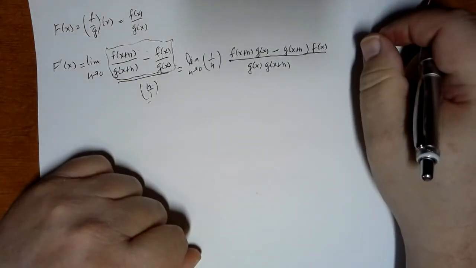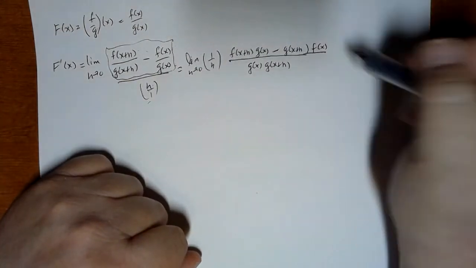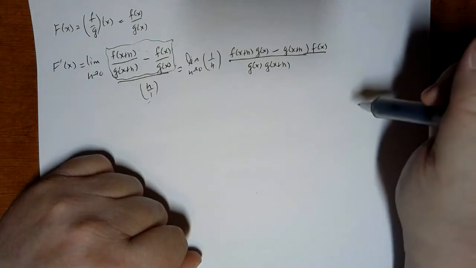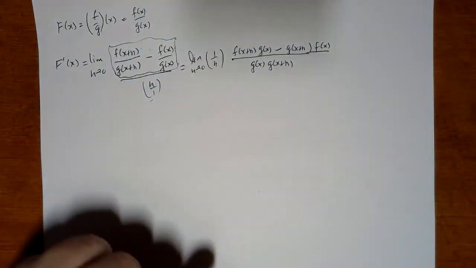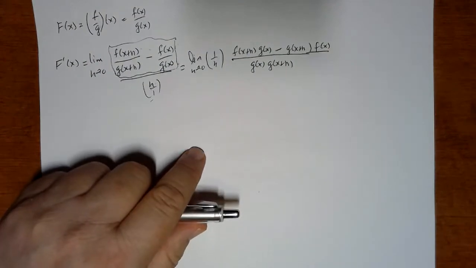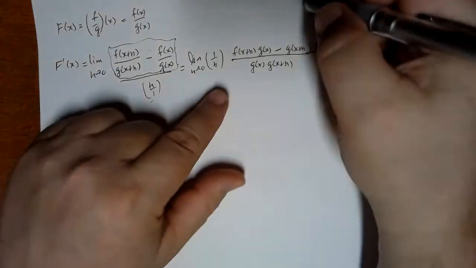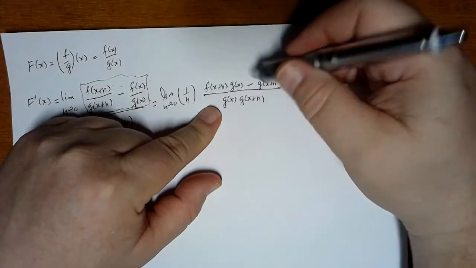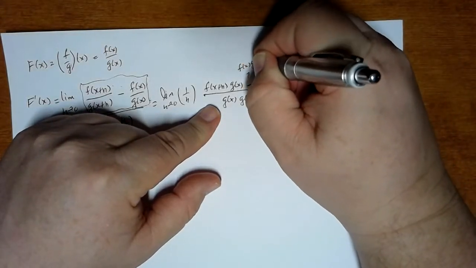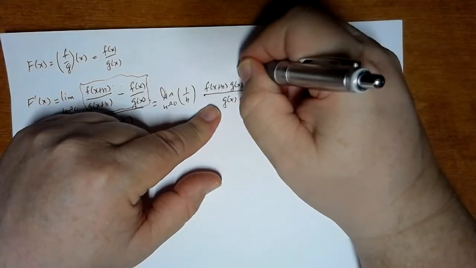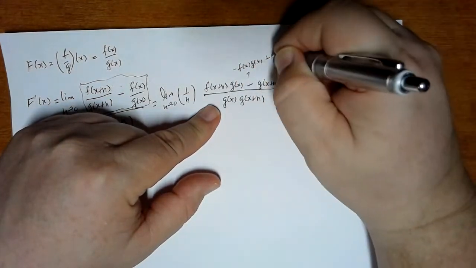Good. All right. Now, in order to figure out what's happening here, I'm going to use the same trick that I had before. That trick was to add and subtract some quantity in the numerator so that things work out. The thing I'm going to add and subtract in here is going to be f of x times g of x. I'll subtract it first and then I'll add it.